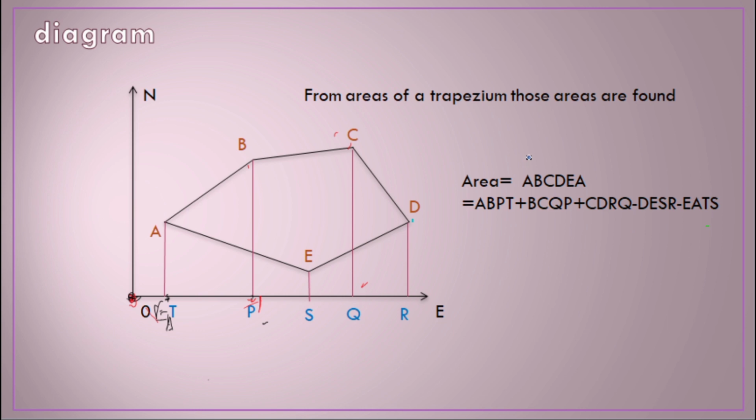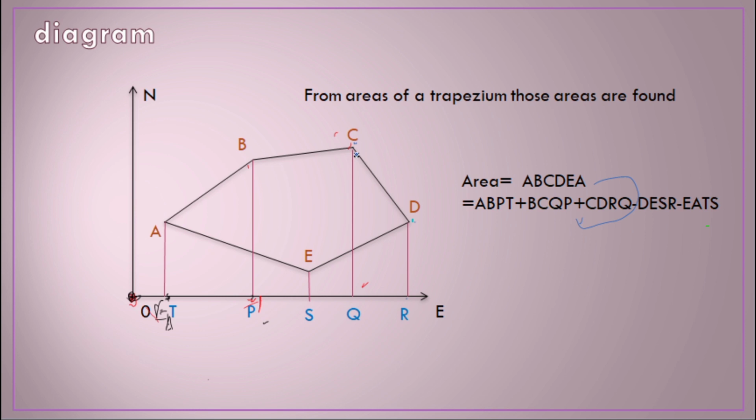Let's move on, and then we have the last addition, this C D R Q. You can arrange in whatever form you want. Mostly I like going clockwise, sometimes anticlockwise, but either way it will be right.